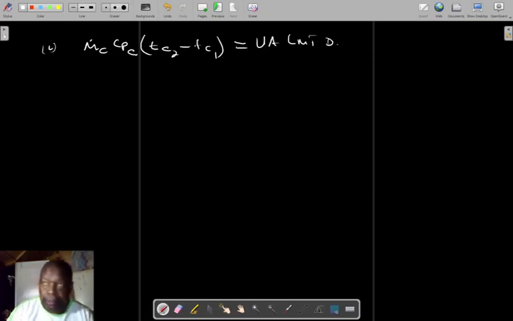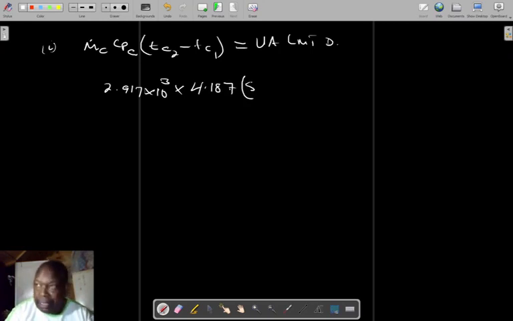So we have 2.917 times 10 to the power of 3 times Cp 4.187 times the temperature difference of the cold stream 80 minus 30.